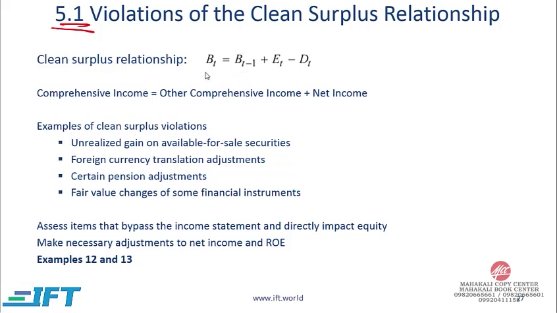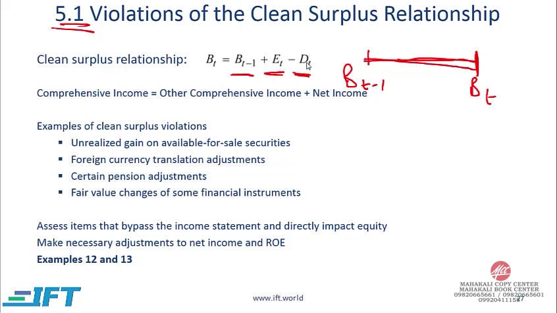In other words, if you have a given period, then the book value at the end of the period should be based on the book value at the start of the period plus the earnings which are coming from the income statement minus the dividends. If this doesn't hold, that means we have a violation of the clean surplus relationship. And then what do you as an analyst need to do if there is a violation?